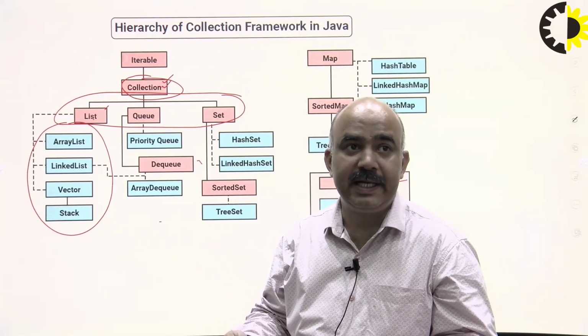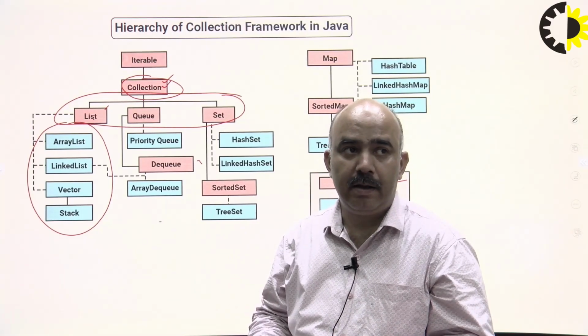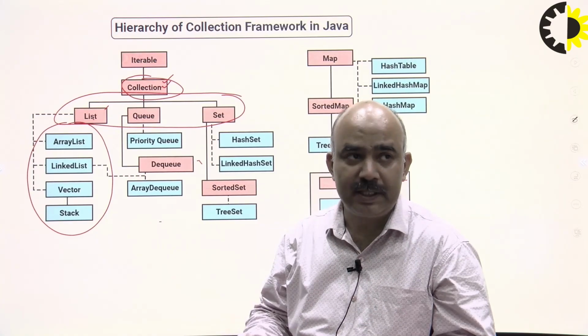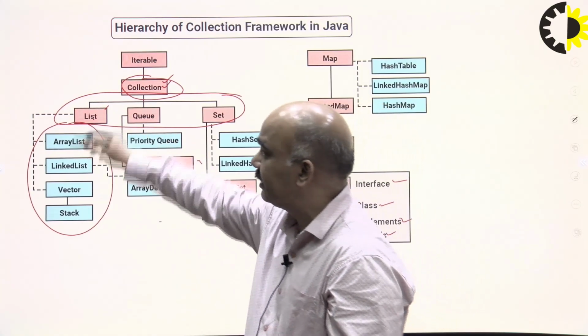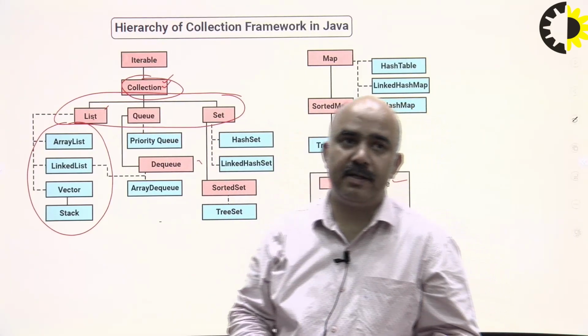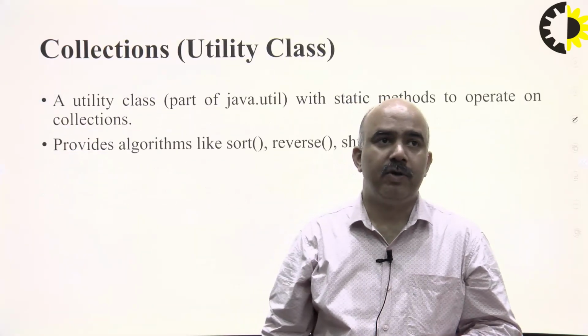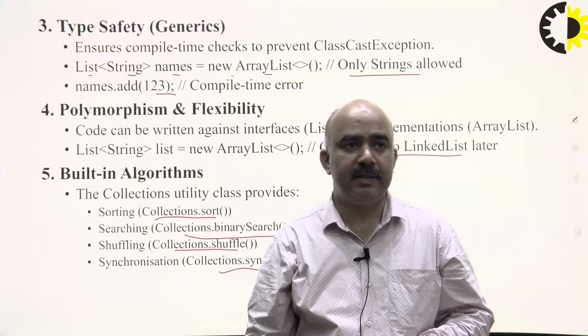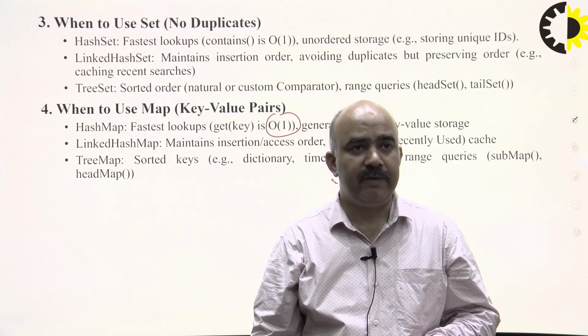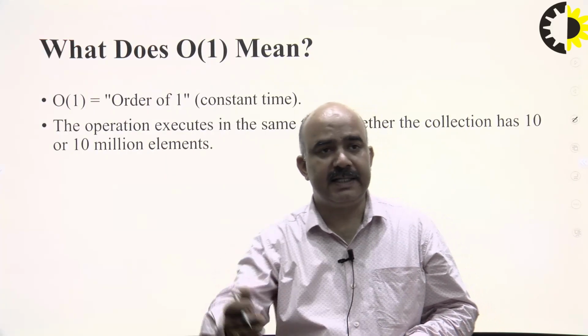Collections is basically a class along with algorithms, which works on those interfaces. So this is the collection framework, in which we discussed the collection framework, collection and collections. Thank you.